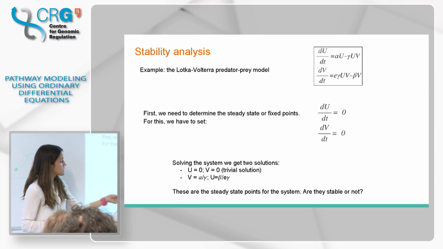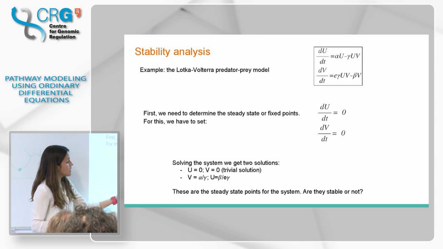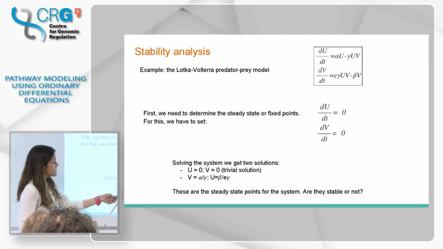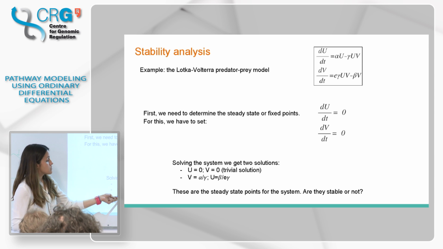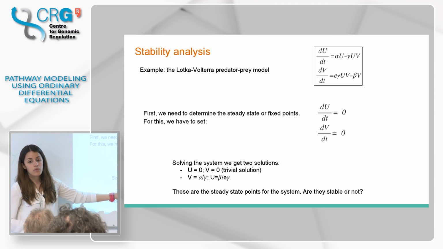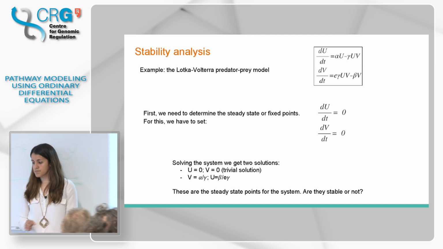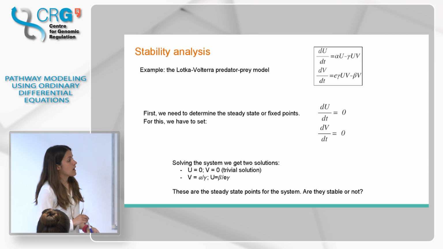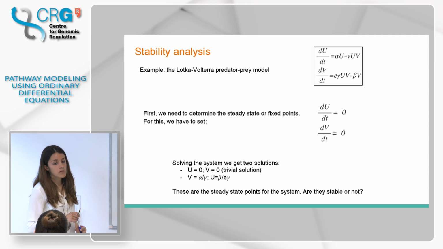And second, that we have some numbers of predator and prey. In this case, for the system to be in steady state, these are the values for the different populations. So we have two steady state points for this system, and we're going to study whether they're stable or not.